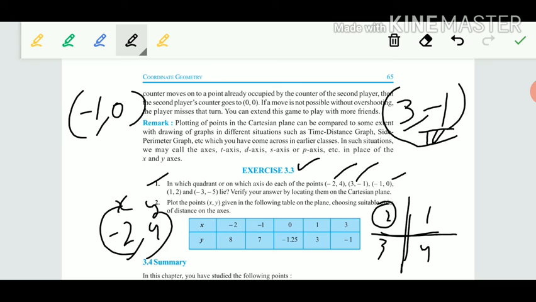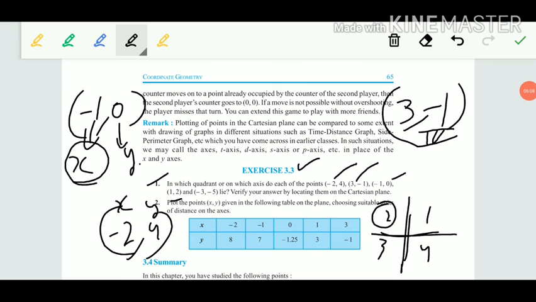If either x or y is 0, then it is lying on an axis. If x value is 0, then it is lying on the y-axis. If y value is 0, then it is lying on the x-axis. Now x value is -1 and y is 0, so it is lying on the x-axis.